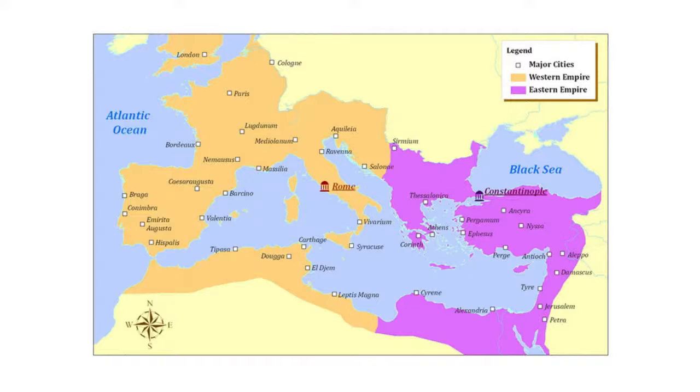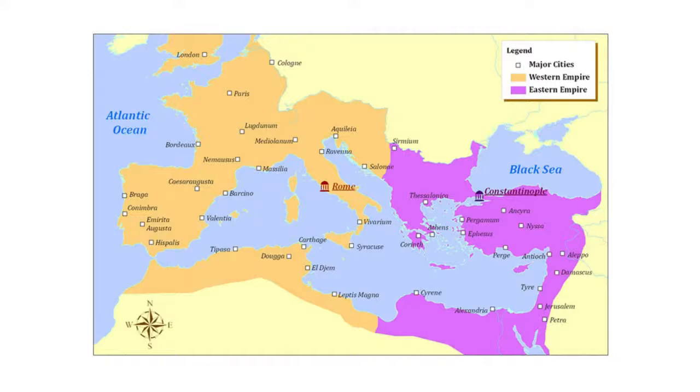Eventually, what's going to happen here is that the empire will be split into two pieces, okay? And so you can see here that eventually the Roman Empire will expand to encompass all of kind of Western Europe, so what's now France and Spain and Italy.